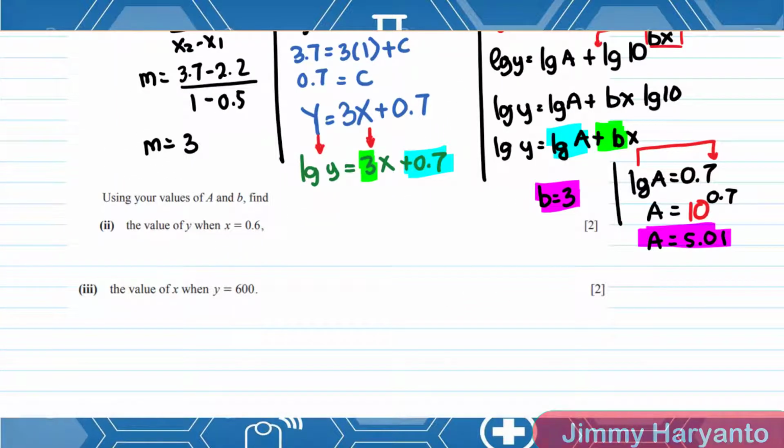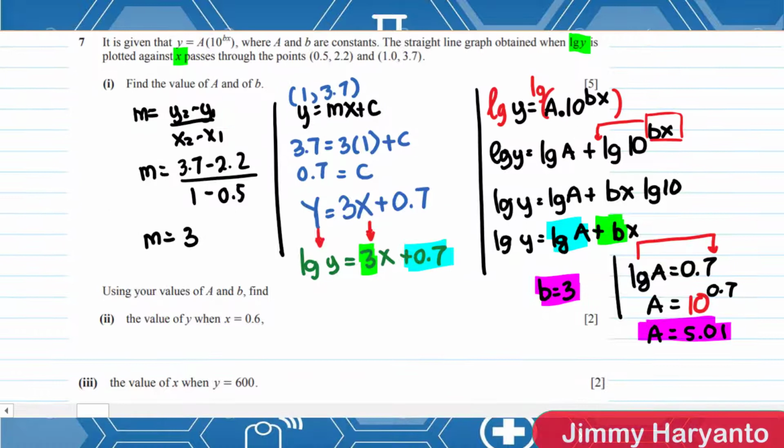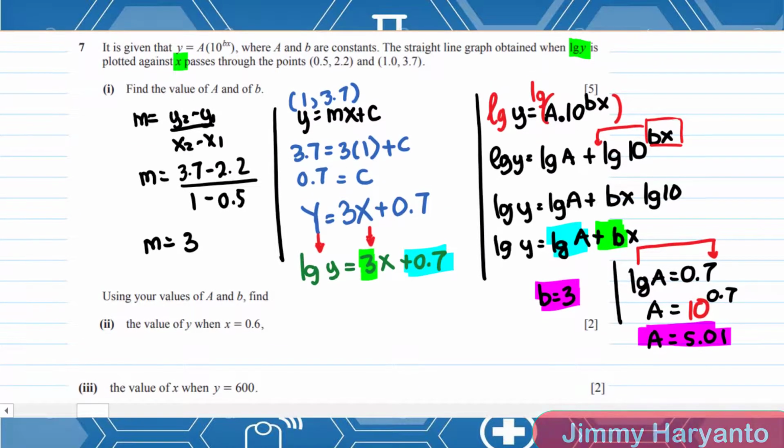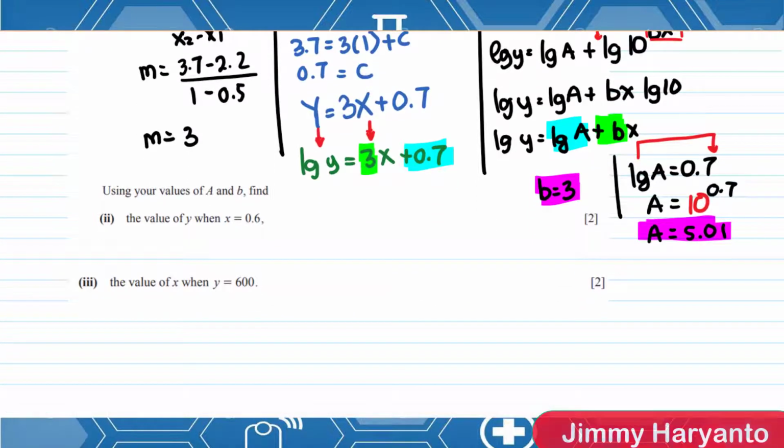And then using your values of a and b, find the value of y when x equals 0.6. Okay, to find y, we can use the second equation or the first equation in the question.